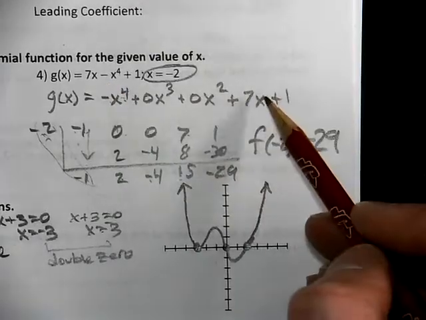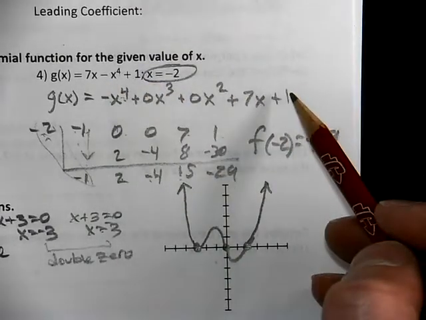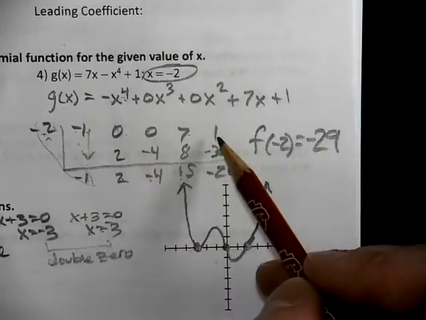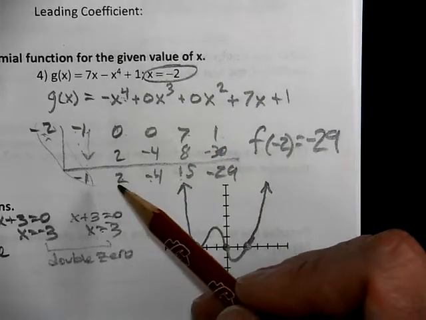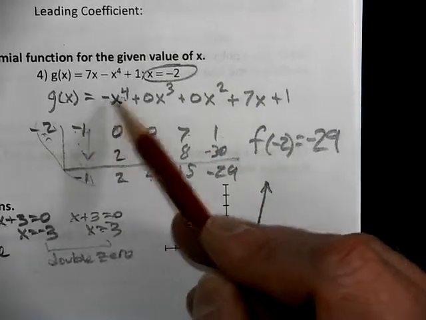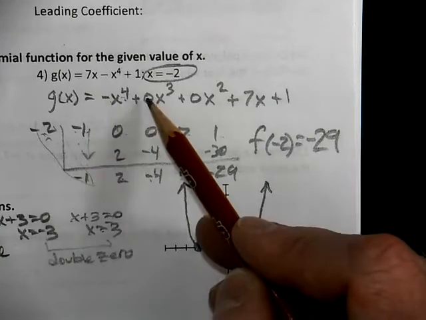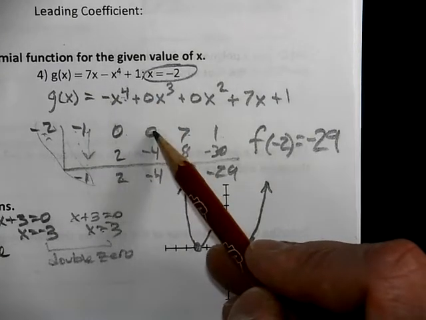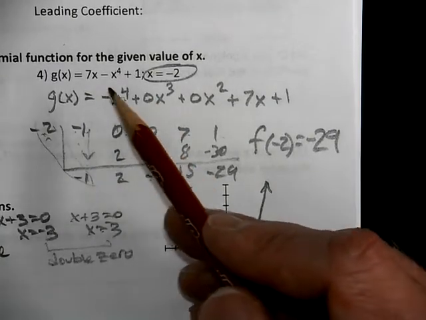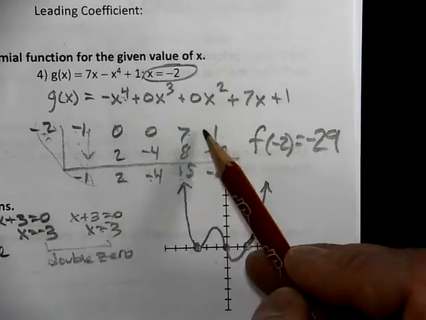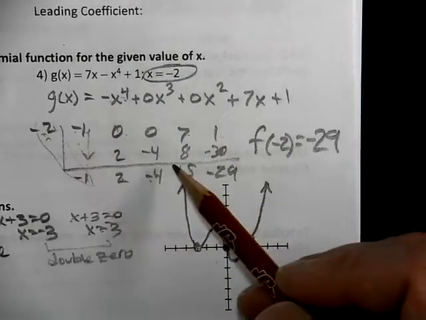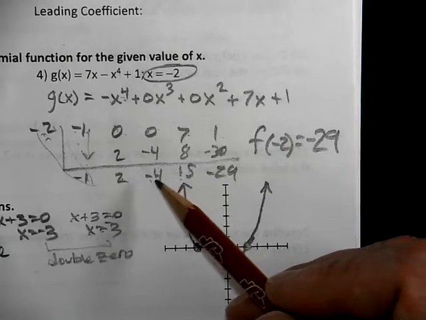It has 7x and a positive 1. So when I write down my coefficients for my synthetic substitution, you would want to use a negative 1. You must put in zeros. Otherwise, you're working with not enough terms to represent that this is a quartic.